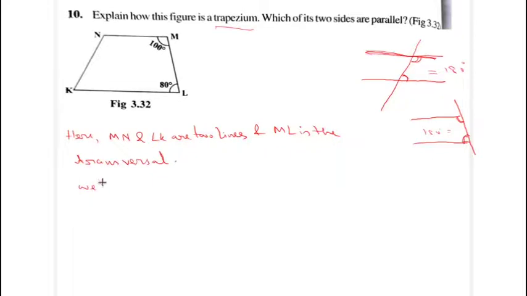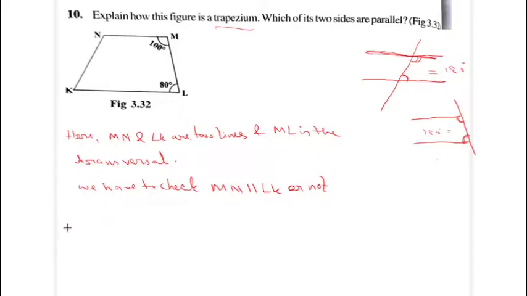We have to check whether MN is parallel to LK. For this we have to add these two angles, which are interior opposite angles on the same side of the transversal.